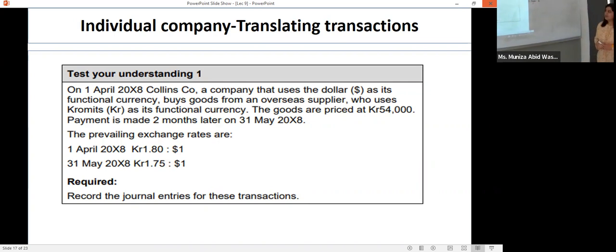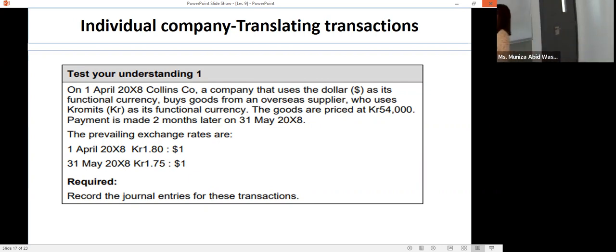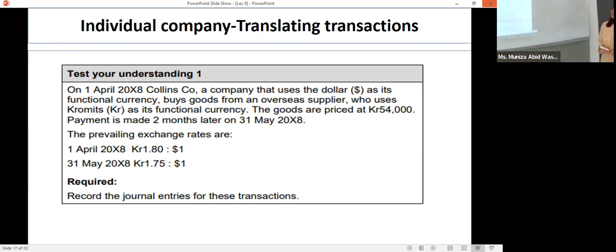So on 1st April 2008, Collins Company has purchased the goods from an overseas supplier who uses chromits as its functional currency. Now, chromit is the functional currency for the overseas supplier. You have to convert it into US dollars.